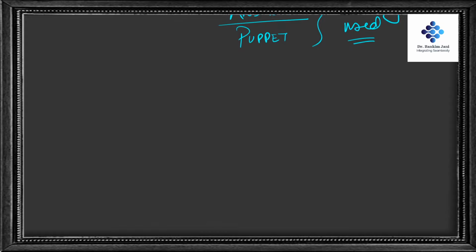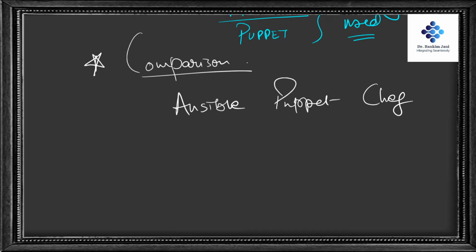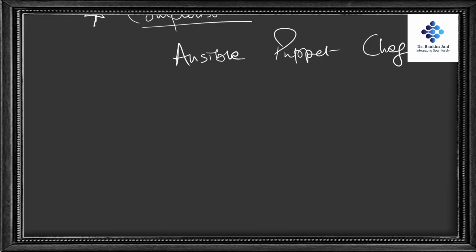So to make things much easier, let's do a very quick comparison between all three of them. Here is Ansible, that's Puppet, and that's Chef. This is vital for the exam, because any question can be asked from this point.